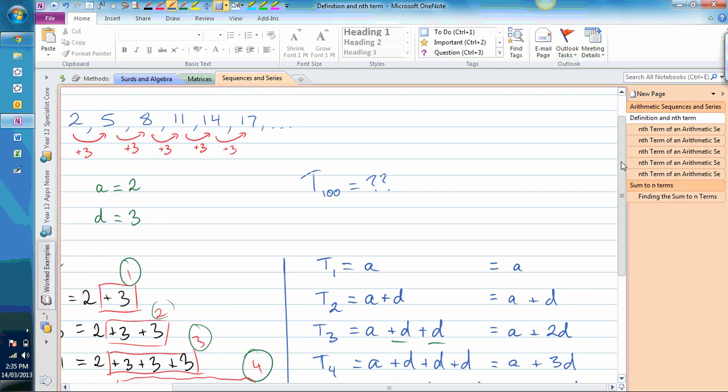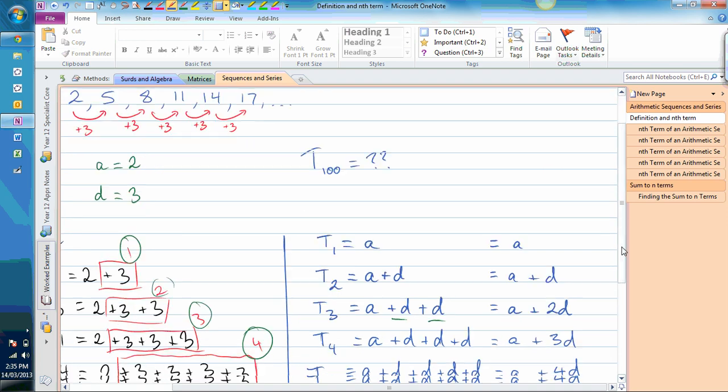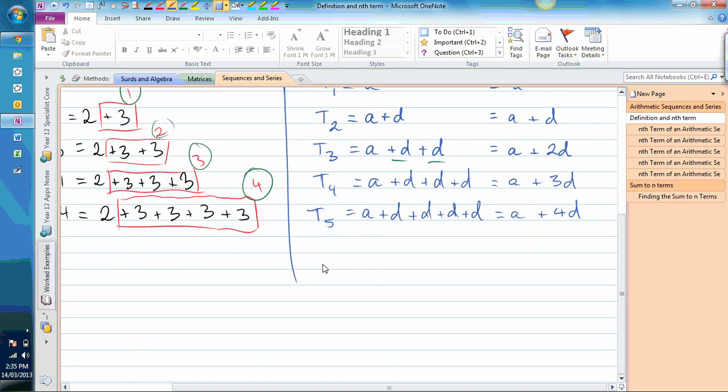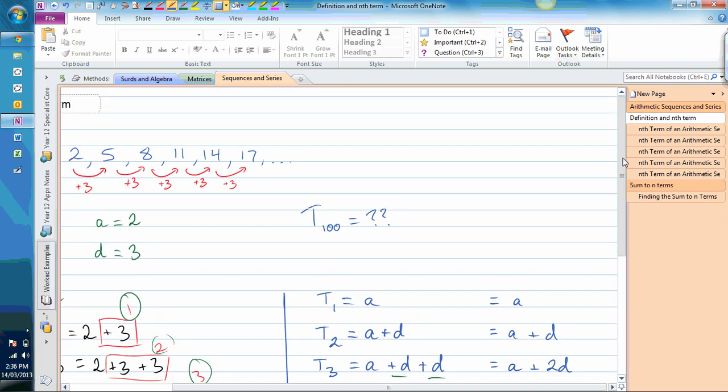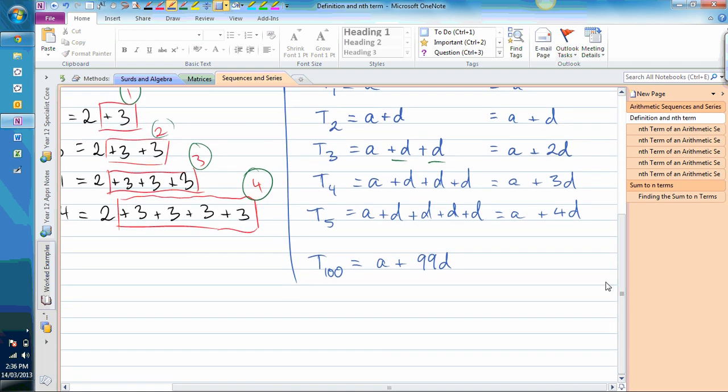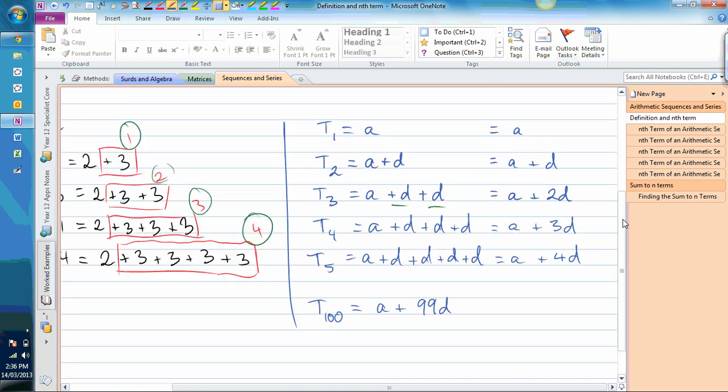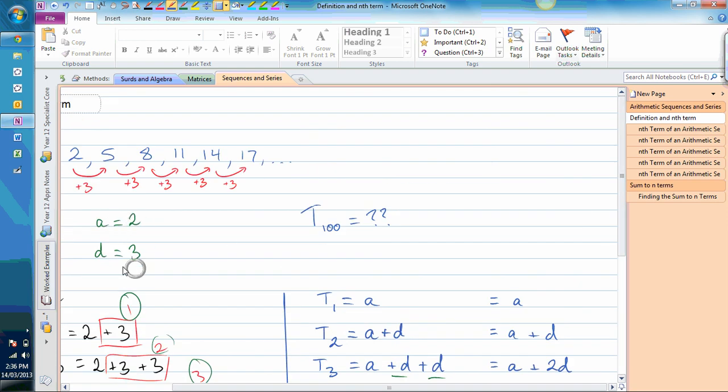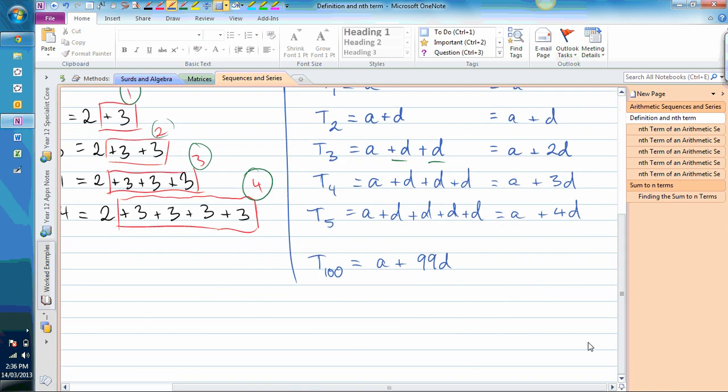So the question that I started with was, what's the 100th term? Well, the 100th term is just going to be a plus 1 less than 100, which is 99d. So in this particular case, my a was 2 and my d was 3.